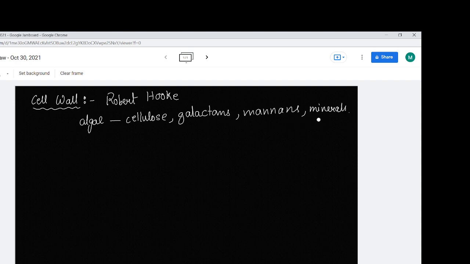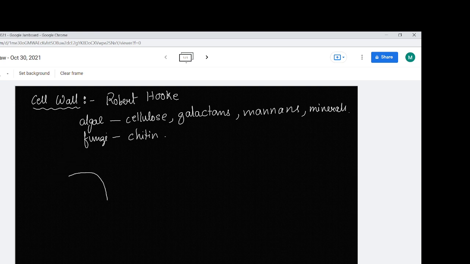Calcium carbonate is a very common mineral present here. Then in the case of fungi, the cell wall has a component called chitin. Then in the case of the prokaryote, we know that the cell wall is made up of peptidoglycan.